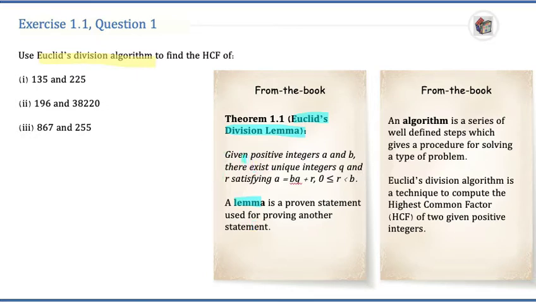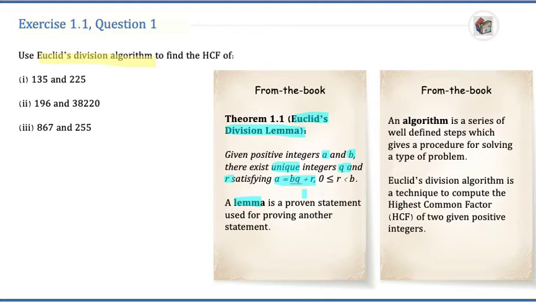Let's read it together. Given positive integers a and b, so any two integers in the world you're given, a and b, there exist unique integers q and r satisfying a is equal to bq plus r, and then there's one more relationship telling you about the range of r, that r has to be less than b and it has to be greater than or equal to 0.